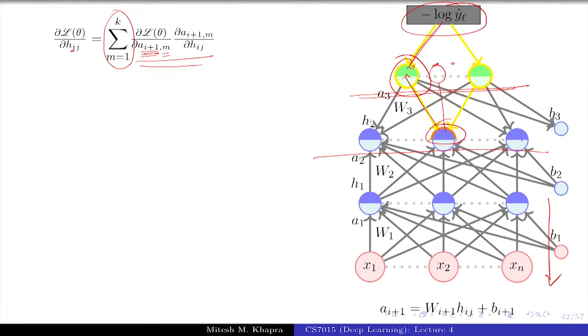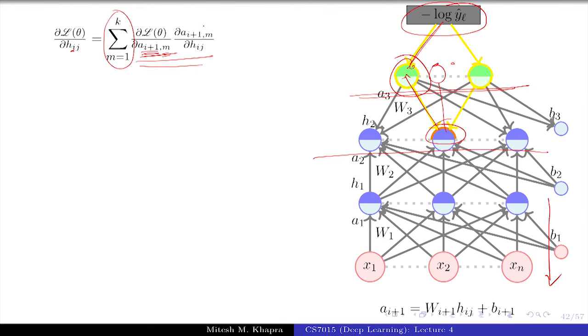Is that fine? So we have agreed there are k paths, and each path is composed of 2 nodes: from the loss function to this intermediate value, and then from this intermediate value to the quantity of interest. And why is this i plus 1? Because it's the next node in the path. I am at the ith layer, so I'll be feeding to the i plus 1th layer, and in fact I'll be feeding to all the nodes in the i plus 1th layer. That's why I'm summing over all the k paths.